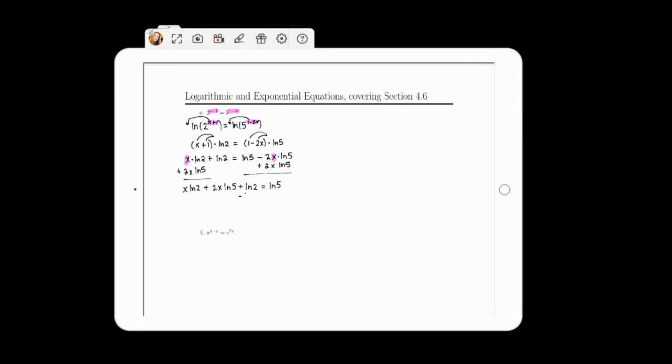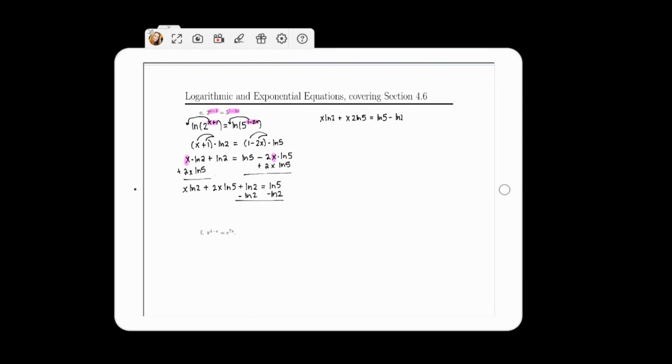So I am going to get this log of 2 to the other side by subtracting it from both sides. And when I do that, I will have x times the log of 2 plus x times 2 log of 5 equals log of 5 minus log of 2.